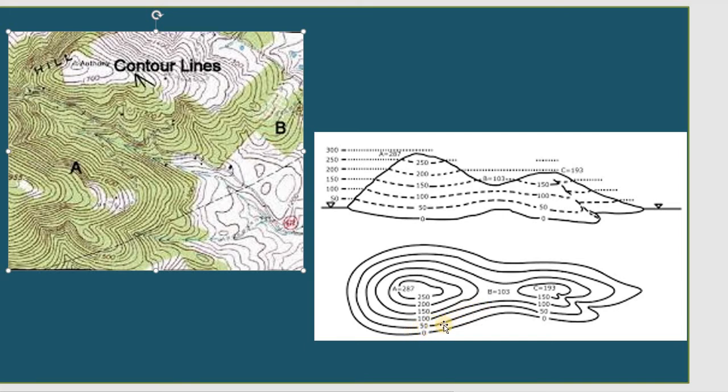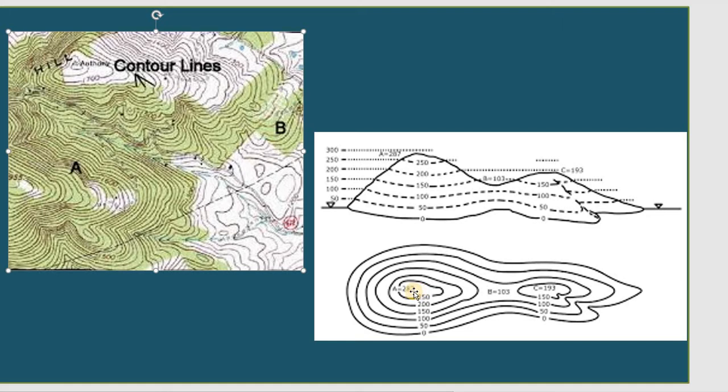For example, this curve is 50 feet, and the next one is 100 feet. That means every point on this curve is 100 feet. On the top one we have 287. And if you have a low one right here, 250, it is 250 right here. On one curve right here it is 250, and on the top one it is 285.